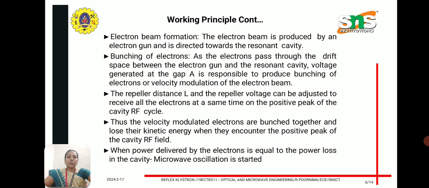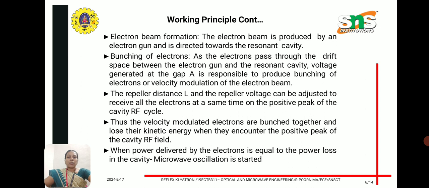Here it produces the bunching of electrons, or velocity modulation of the electron beam, in the drift space. The repeller distance and the repeller voltage can be adjusted to receive all the electrons at the same time on the positive peak of the cavity RF field.